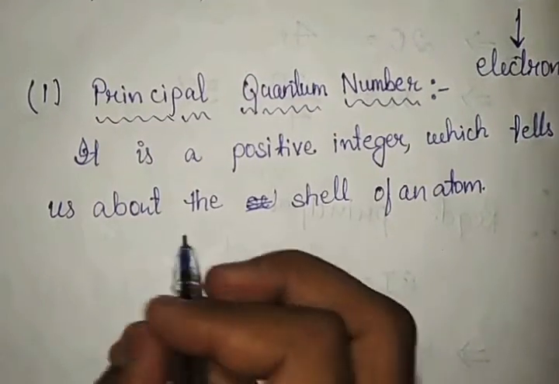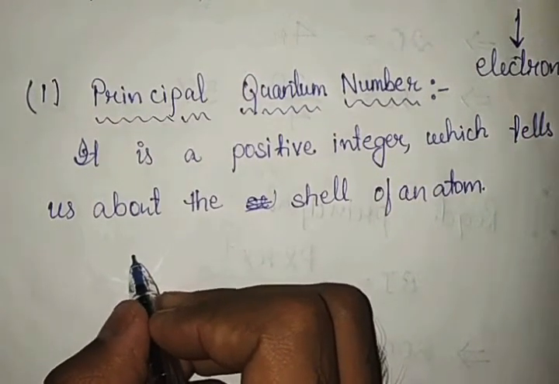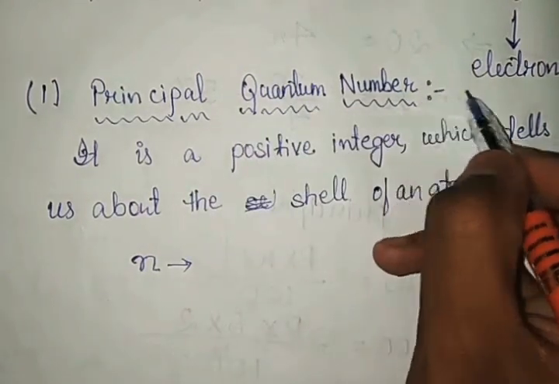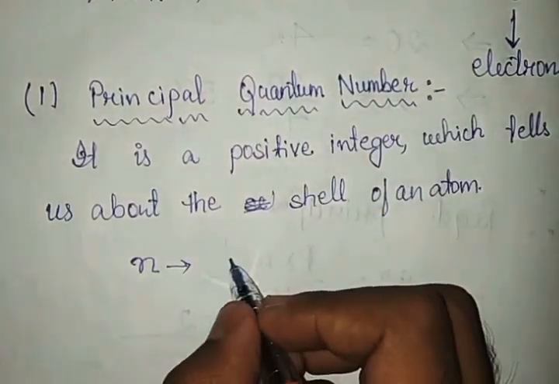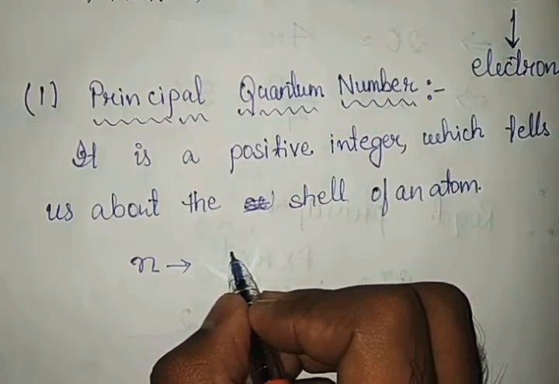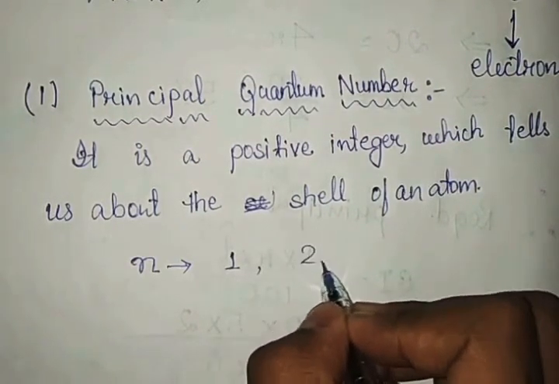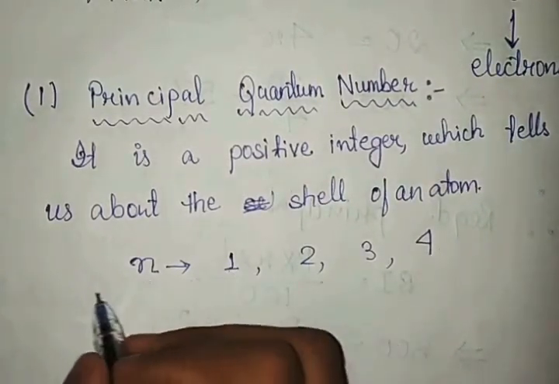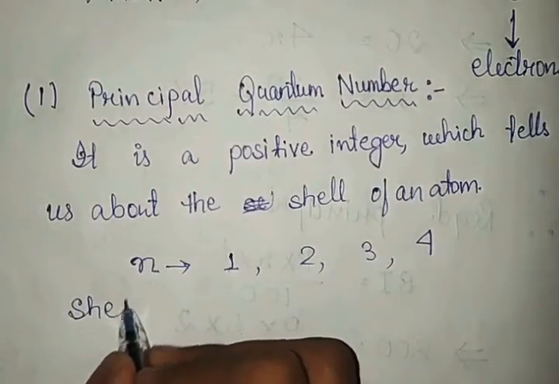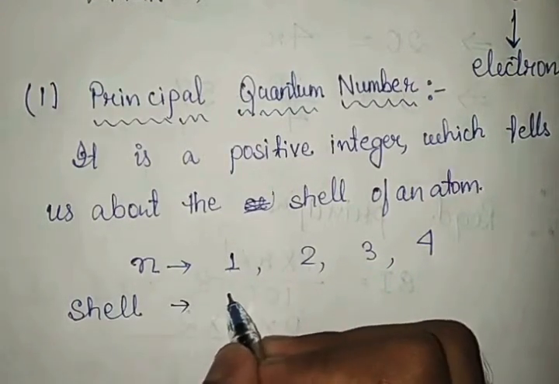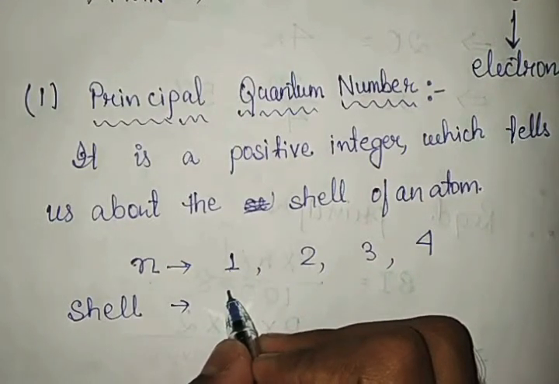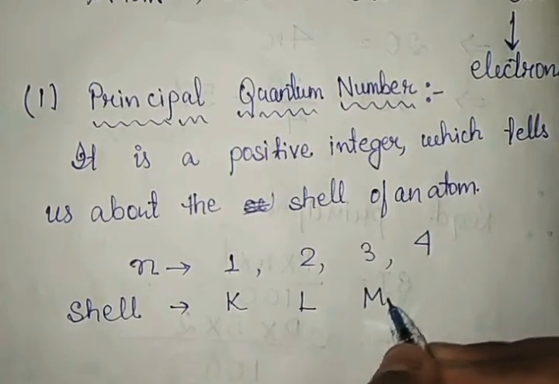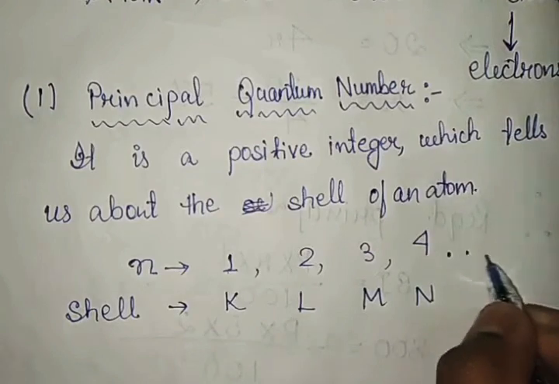Positive integers, we know, are shown by the number n. So for the principal quantum number, the symbol is n. n starts from positive integers 1, 2, 3, 4. If the value of n is 1, the shell it represents is K, then L, then M, then N, and so on.